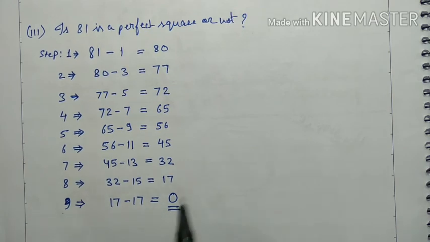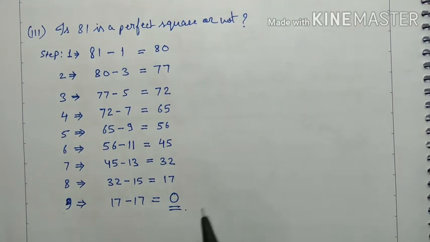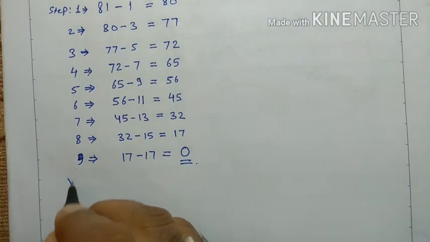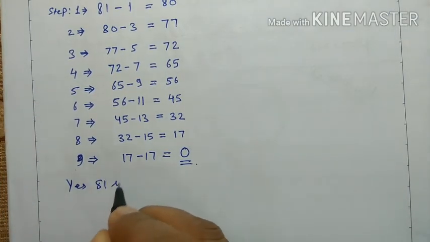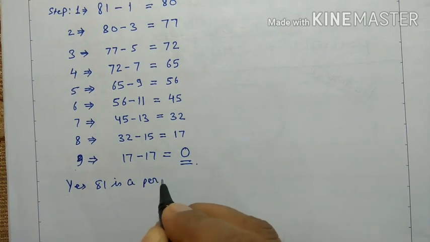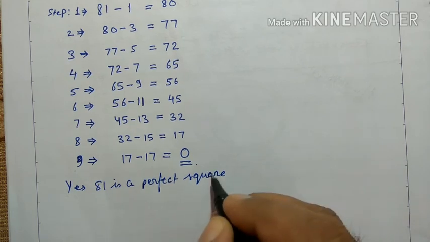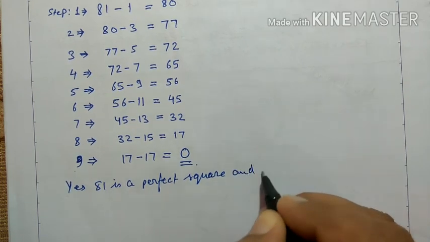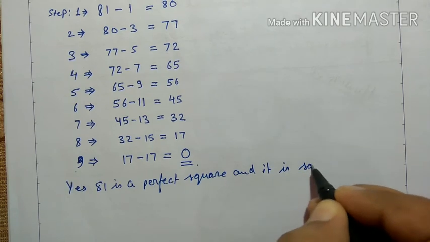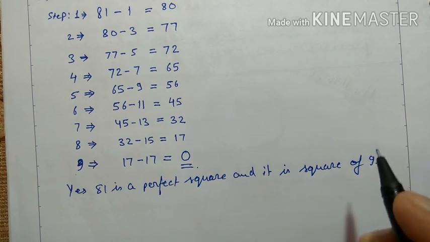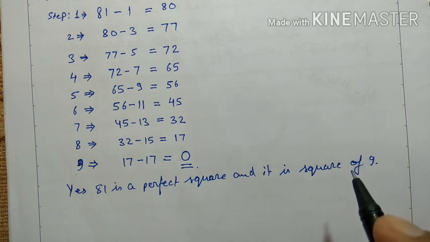Since the result comes 0 in this series subtraction, we say that yes, 81 is a perfect square and it is the square of 9. So in this way, students, you have to solve the try these given on page number 94.